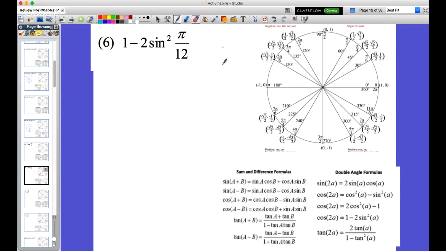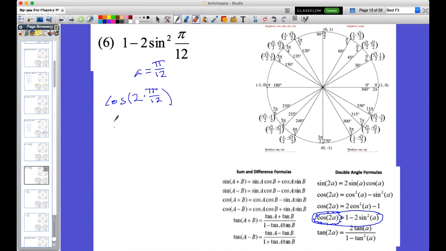So again, looking at my equation, 1 minus 2 sine squared, where's 1 minus 2 sine squared? My angle looks like pi over 12. And so it looks like I'm using this angle right here, but specifically using this cosine of 2 theta. And so to evaluate this function, we're going to do 2 times the angle measure, which was pi over 12.